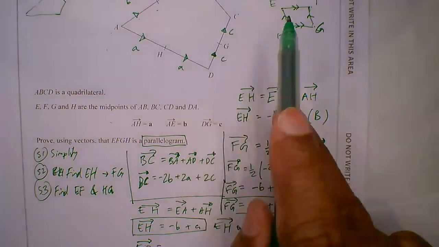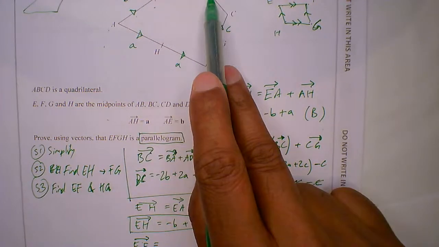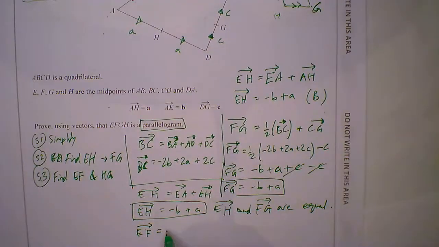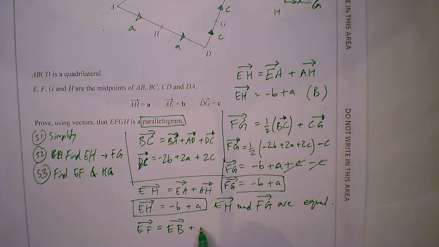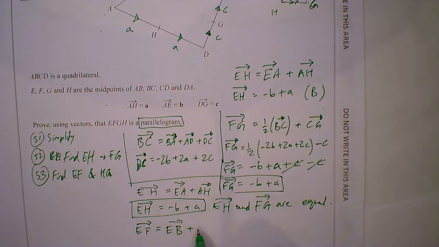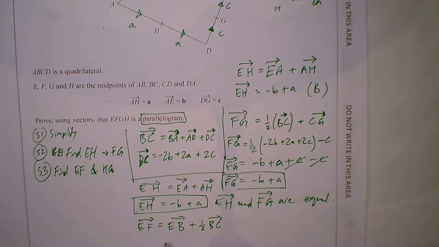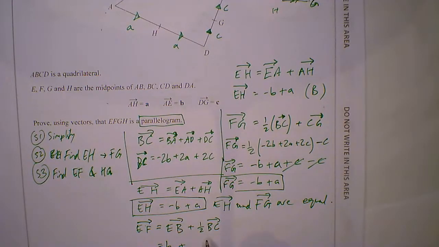Actually, let's just go through E to B and then half of BC. I don't know why I didn't think of that before. Seeing that now, E to B plus B to F, which is half BC. So E to B is just B plus half of BC.